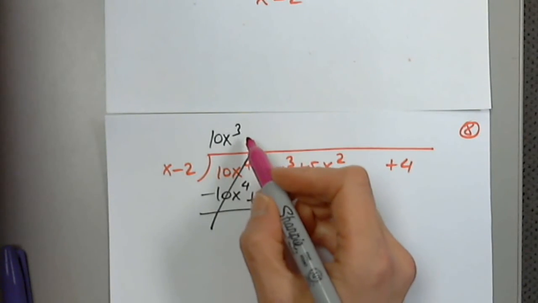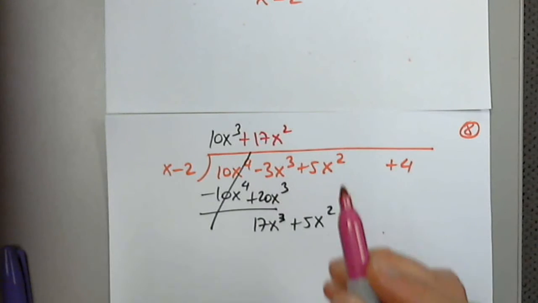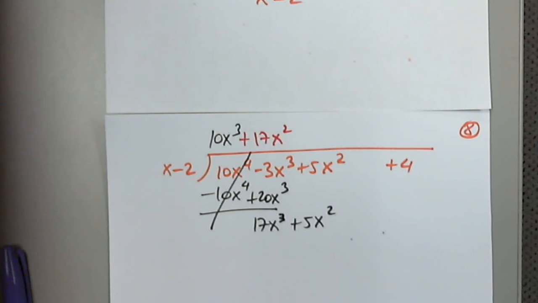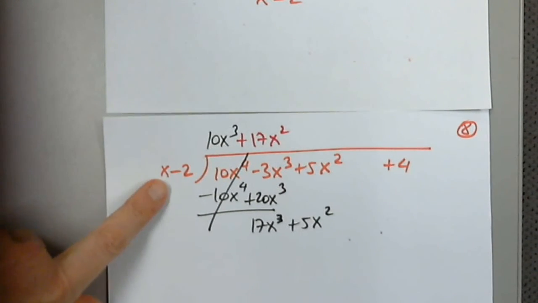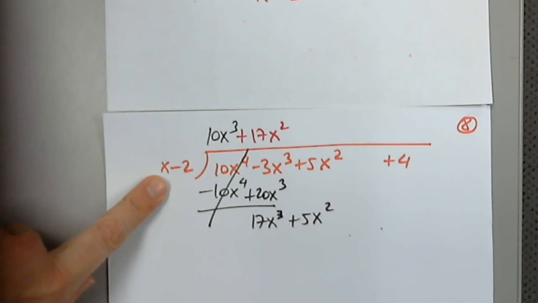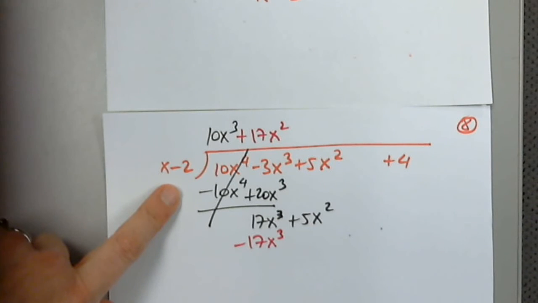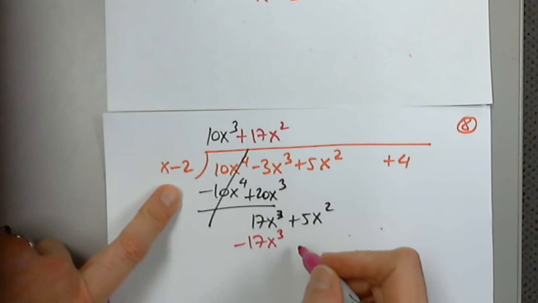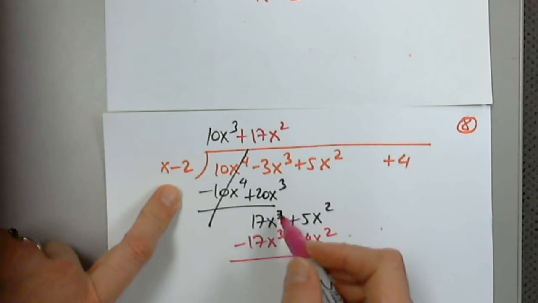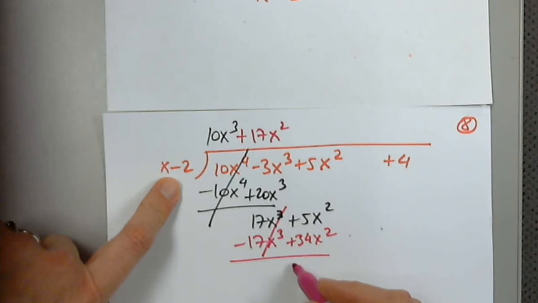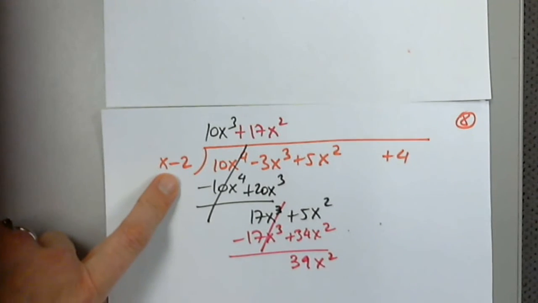Remember, we do not lie at the top. 17x squared times x. 17x cubed. Now I have to change the sign. 17x squared times negative 2. Negative 34x squared, but what do I have to write? Plus 34x squared. 34 plus 5 is 39x squared.